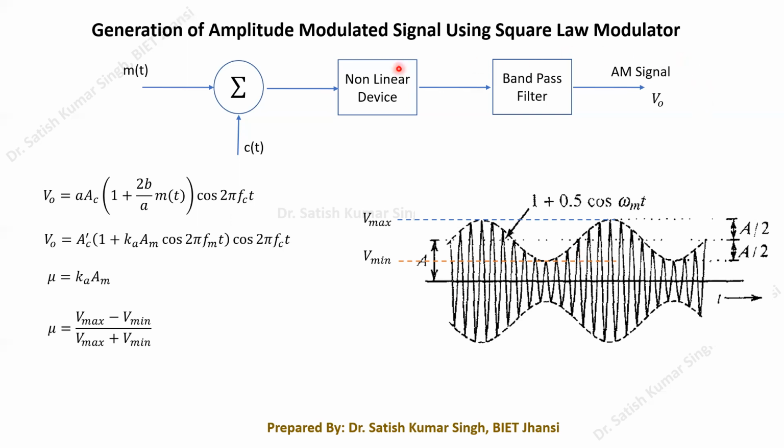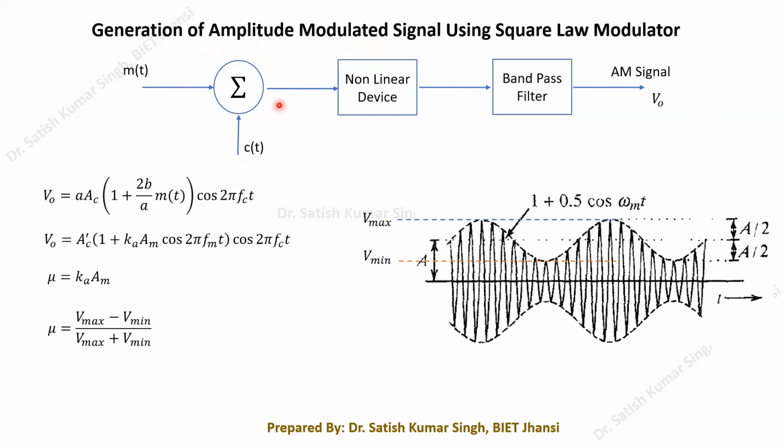That block diagram you have to keep in mind. First we have to implement an adder. That adder should be able to add the two signals, the message signal and the carrier signal. After that, the output of the adder should pass through a non-linear device. We can choose a diode, which is also a non-linear device. Fine.